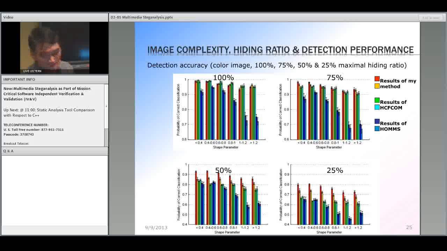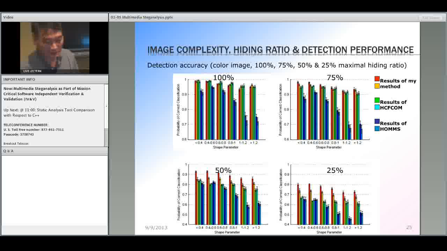You see, again, generally, as the image complexity increases, the detection performance decreases, as expected. So the important thing is how to develop an algorithm that can give you good performance with high image complexity and low hiding ratio. As I said, an arbitrarily difficult challenge.